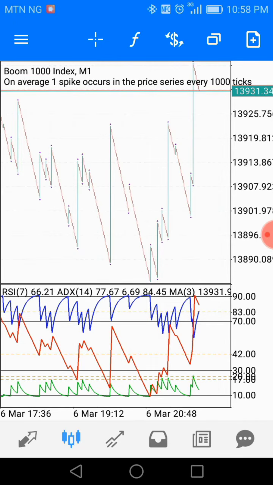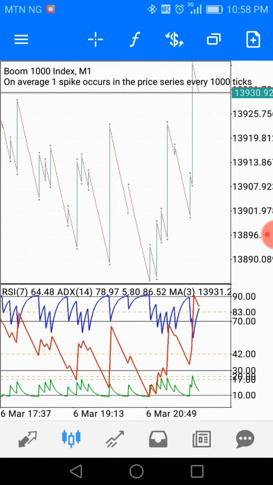And for crash, you are also looking at the crossing between the red moving average and the blue line of the average directional movement, all below the 30 levels of the RSI. For boom, that's going to be above the 70 levels of the relative strength index, but for crash, it's going to be at or below the 30 levels of the relative strength index.